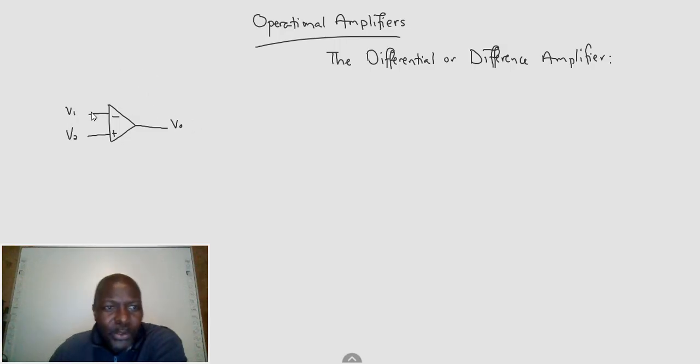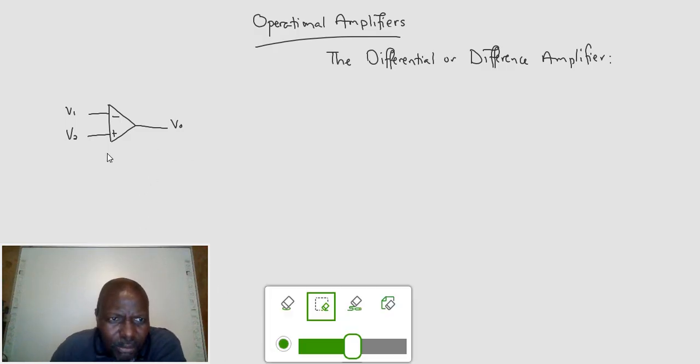So now, do you know that this here is going to basically be a comparator? It will compare just two voltages and give you an output. So let's suppose you say to yourself, we could improve this. How?